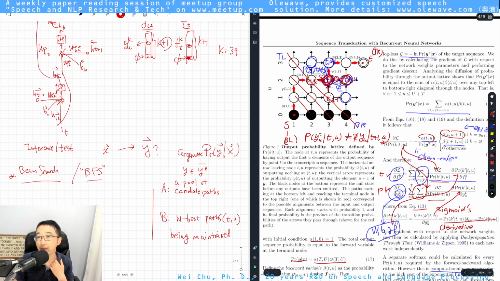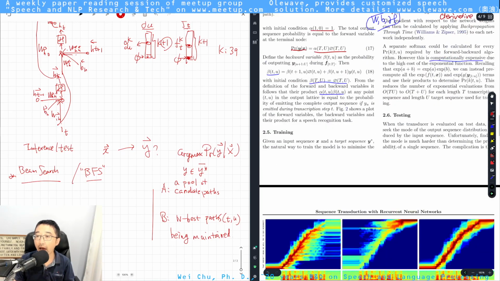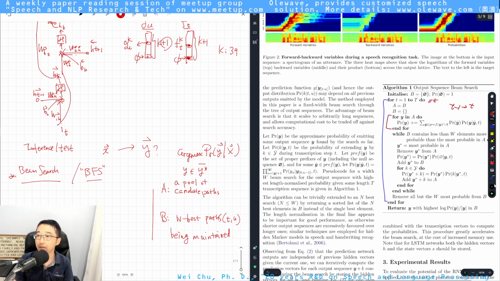This probability and this probability are not the same. So he has to update all the probabilities of the y in the candidate pool because the time has changed from T-1 to T. How does he change them? He leveraged, you can call that, the forward algorithm or Viterbi algorithm.